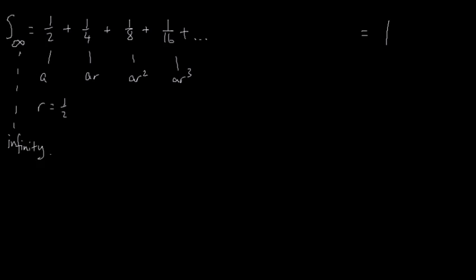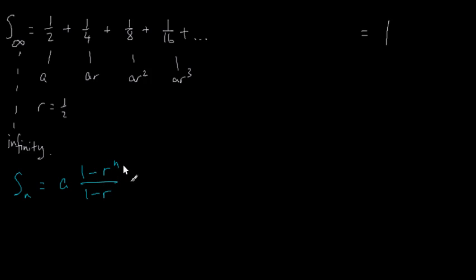Okay, so now let's recall the formula. Sn is equal to a(1 minus r to the n) over 1 minus r. So how would we apply this to a sum to infinity? Now if the number of terms goes to infinity, that means I'm going to have r to the power of infinity.